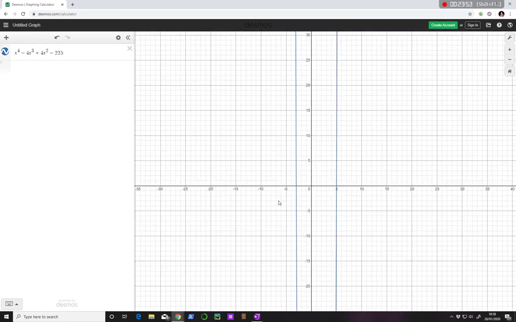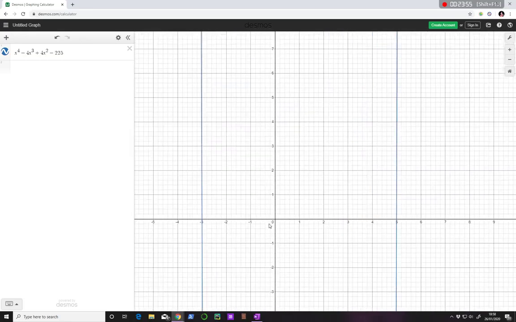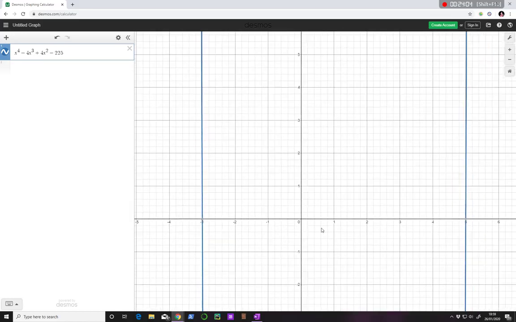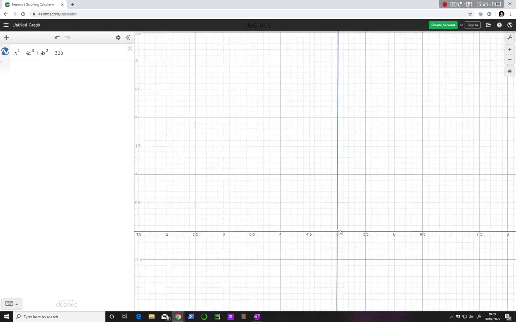And if we zoom in, we get our solutions: x can either be minus 3 or x can be 5.